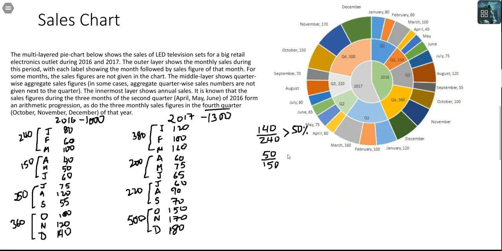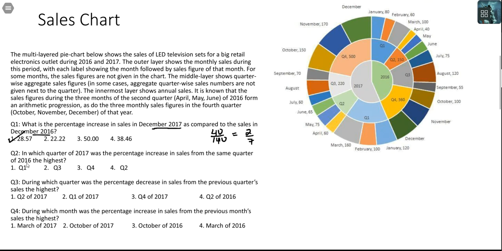Because I've taken 50% as the benchmark here, this is less than 50%. Here 250 to 220, there is a net decrease. And here there is 360 to 500, so the change is of 140 by 360, which is again less than 50%. So I can quickly come to the conclusion that in quarter 1, there was the greatest percentage increase. So the answer for question number 2 will be option 1, quarter 1.